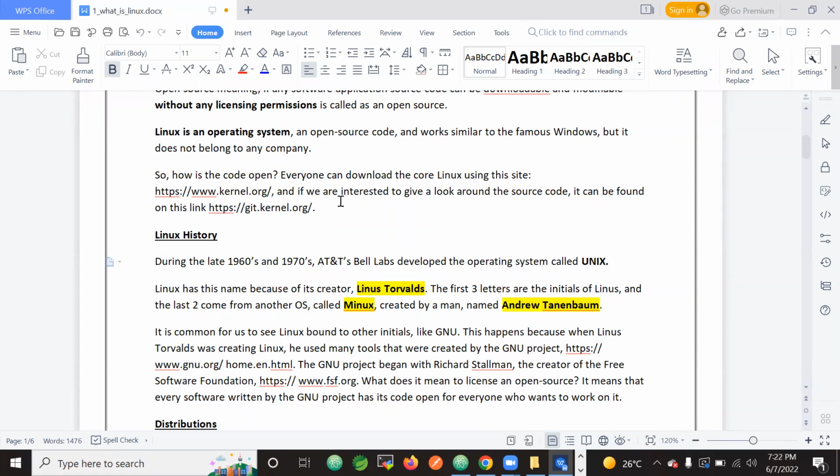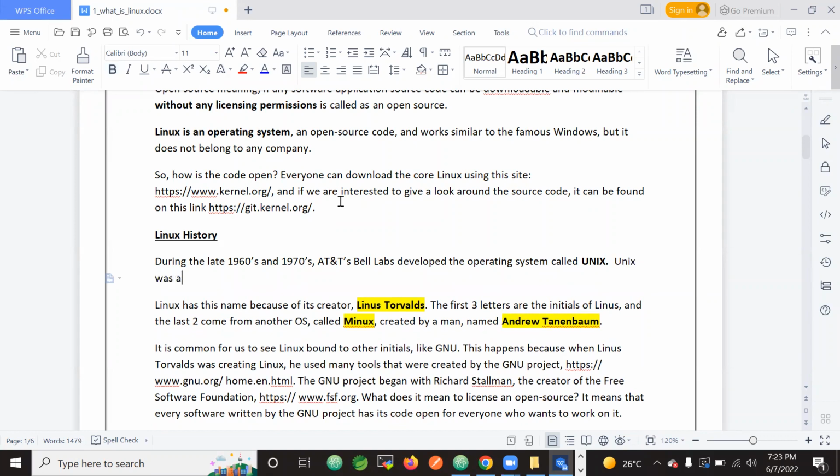When it was developed, Unix was a very powerful operating system at that time.